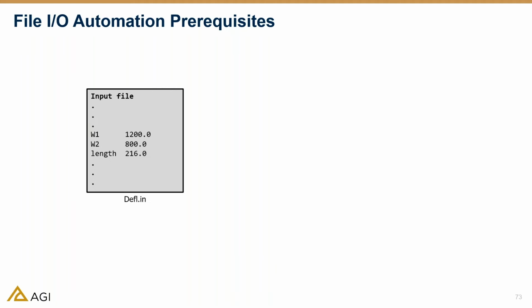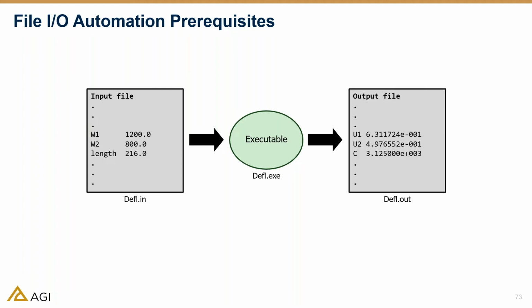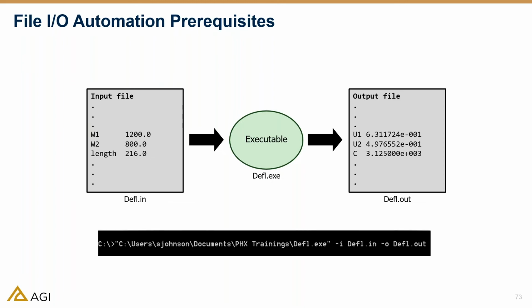With file I/O, we have an input file that is usually consumed by an executable. In this case, we have an example, deflection.exe. The executable consumes the input file and then produces some output file with variables. Usually this is run in batch mode, as we see here with this quick little command line argument where we've specified the executable and given some arguments for the inputs and outputs.